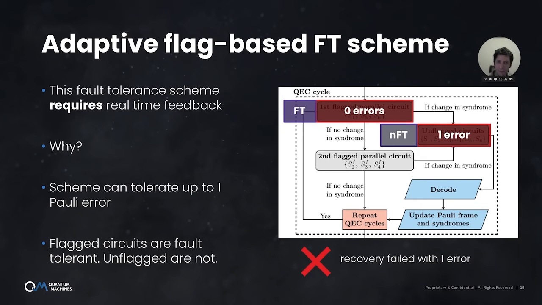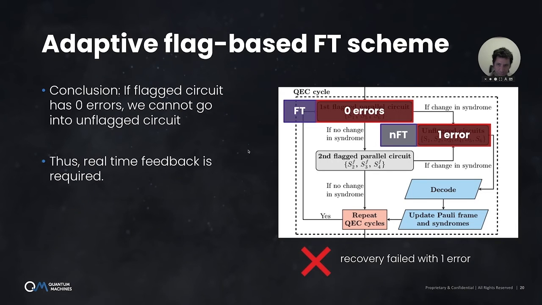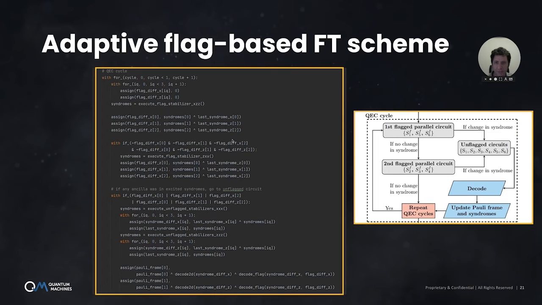However, let's imagine a scenario where we have 0 errors in the fault-tolerant part, but in the non-fault-tolerant part we have 1 error. This is a really big problem because in the non-fault-tolerant part we can have errors such as hook errors, which we won't be able to recover from. So the conclusion is that if in the flagged circuit part, which is fault tolerant, we had 0 errors, we must not go into the non-fault-tolerant part, which means that we have to branch in real time. This is why real-time feedback is required in this case.